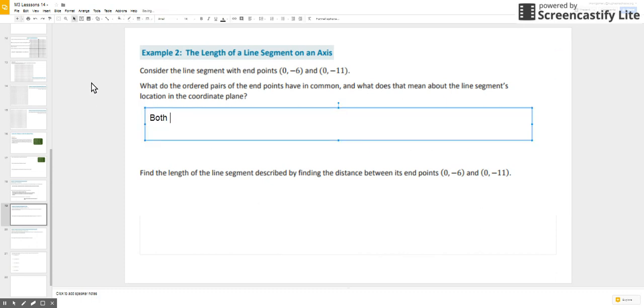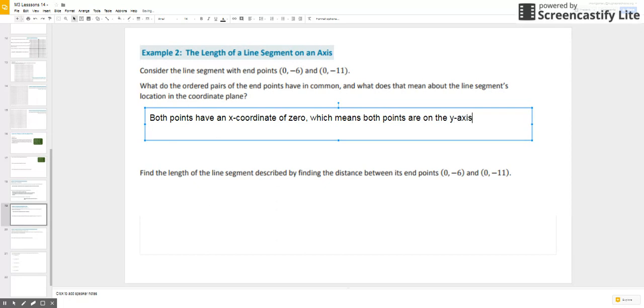So both points have an x coordinate of 0, which means both points are on the y-axis.